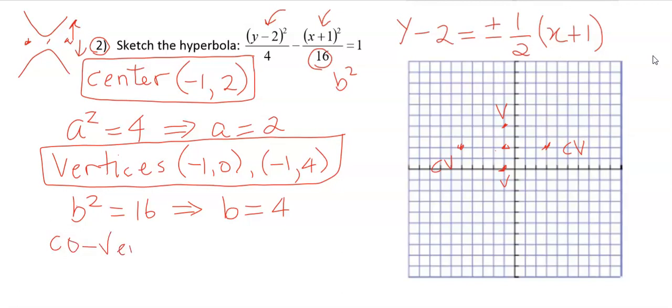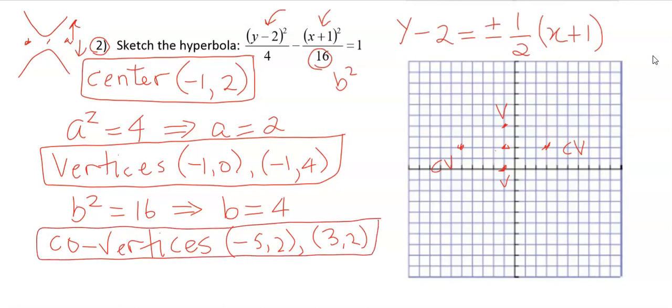So my covertices would be, let me see, one is going to be at -5 and 2, and the other covertex on the other side is at +3 and 2. There's my 2 covertices.